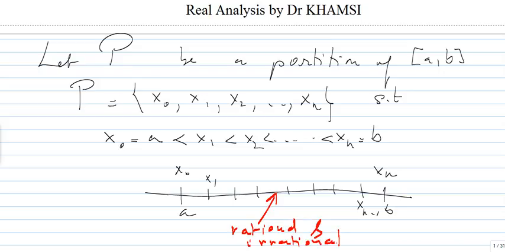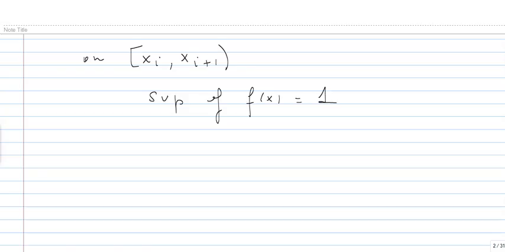And therefore, when you look now at the max and the min of the function f over every subinterval, on the interval [xi, xi plus 1], the sup of f of x is exactly 1, and the infimum of f of x is 0.